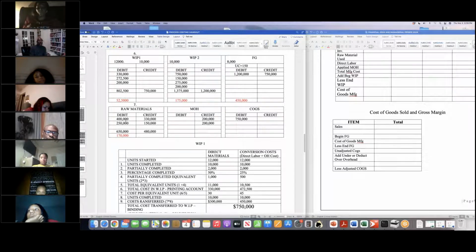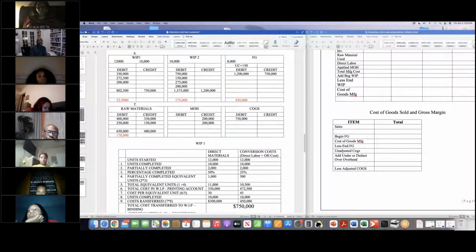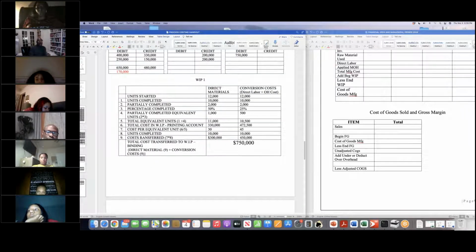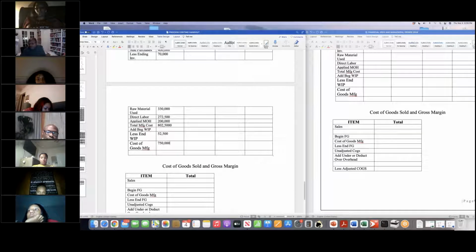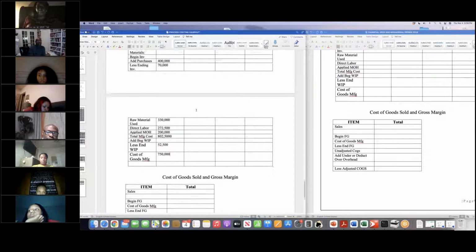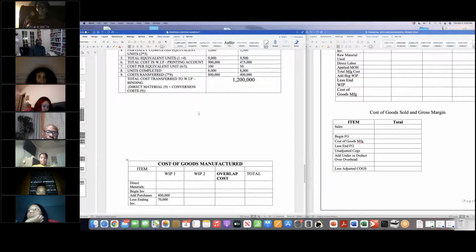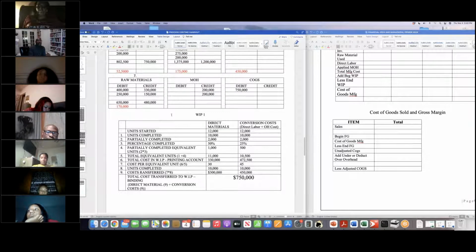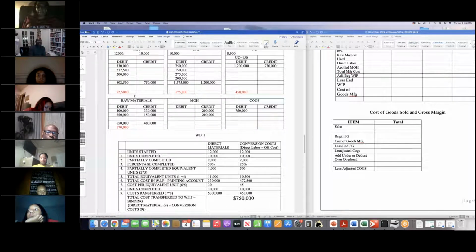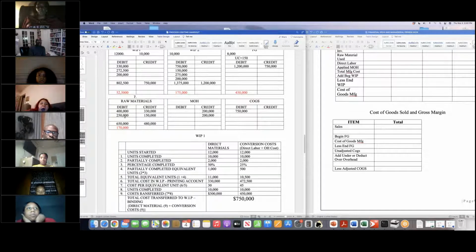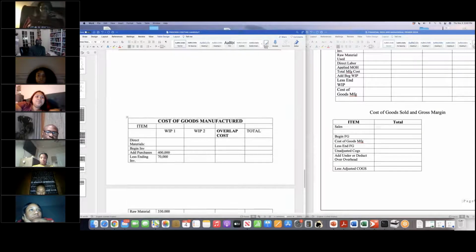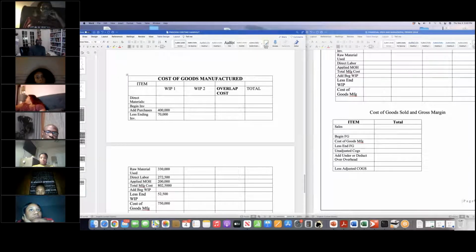So the new raw materials purchased was $250, and we had this $750 that we got from work in process 1. So that should have been $1 million.